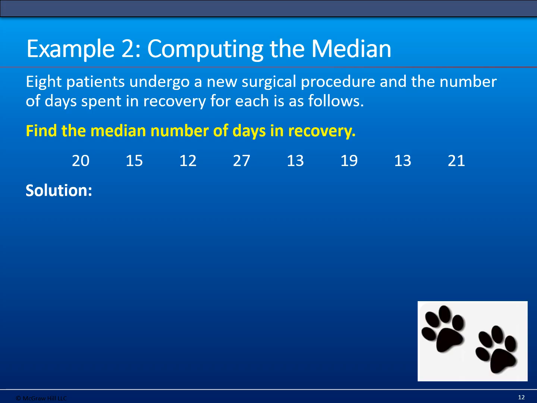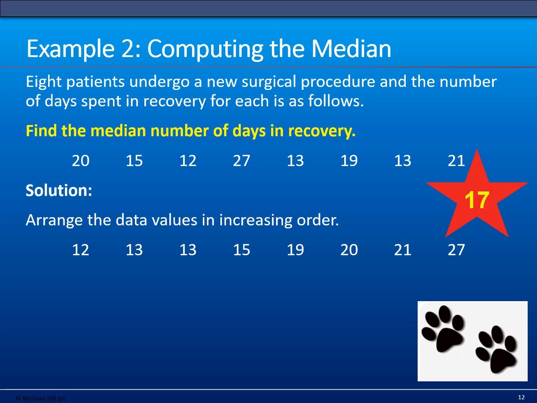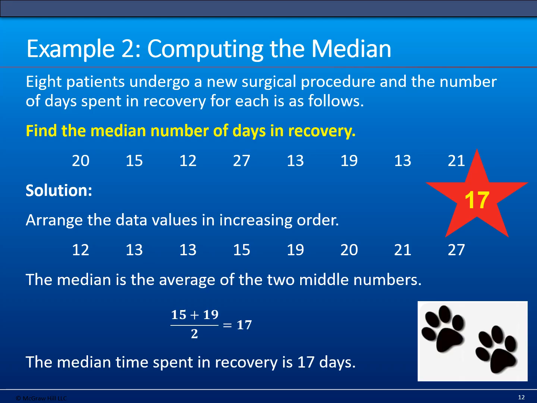We're asking you to find the median number of days in recovery, which should be 17. Again, remember the first thing you're going to do is put these all in order. Then since we have an even number, you are going to average the two middle numbers, which are 15 and 19. And the average of 15 and 19 is 17. So the median time spent in recovery is 17 days.